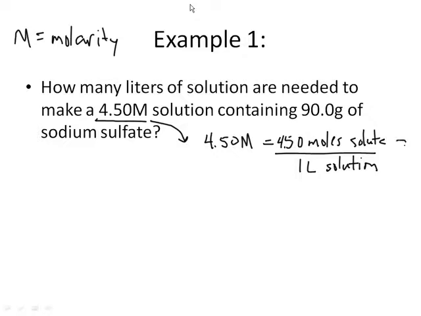Molarity is going to allow me to transfer between moles of solute to liters of solution. So it kind of makes sense that my mass that I have of sodium sulfate, that my first step would be to go to moles and get out of grams. So to do that, I need the molar mass of sodium sulfate. So 4 oxygens plus a sulfur plus 2 sodiums.